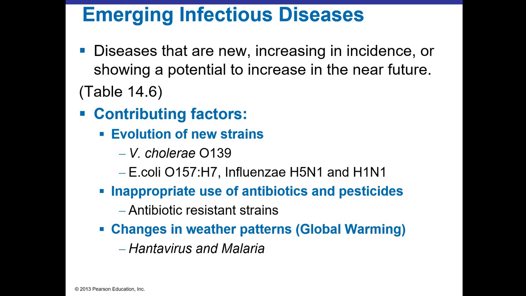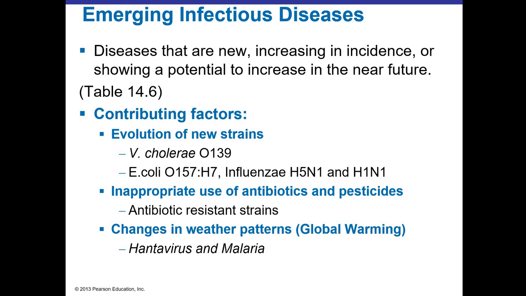Used to be, E. coli was just normal fecal flora. Then we saw the emergence of the enterohemorrhagic pathogenic strain found in hamburgers and such, the O157:H7. Our emerging strains of H1N1 of the flu. All these things are new strains that are now causing disease because people do not have prior immunity.